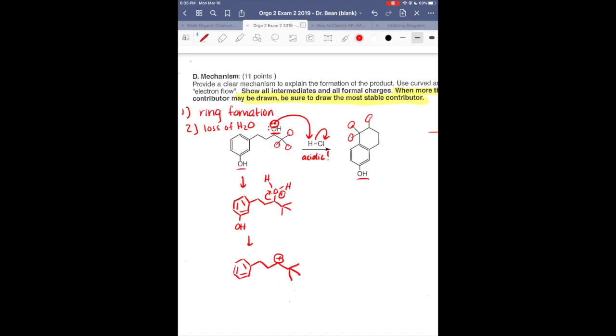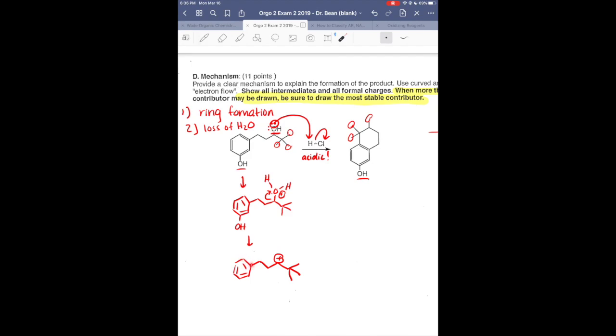Okay, so what we see going on here, if we're comparing from what we have to our product at the current moment, is that there is a formation of a ring, and the ring is getting formed right between these two carbons, right? It's connected over here, and you can see that up here, right? So how many carbons specifically are in that ring that we're forming?